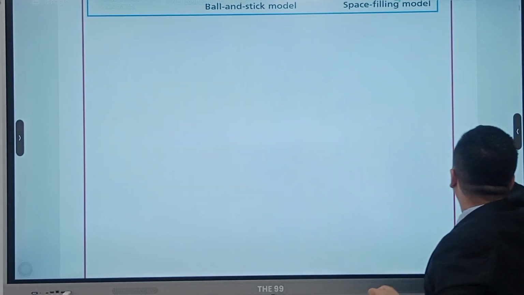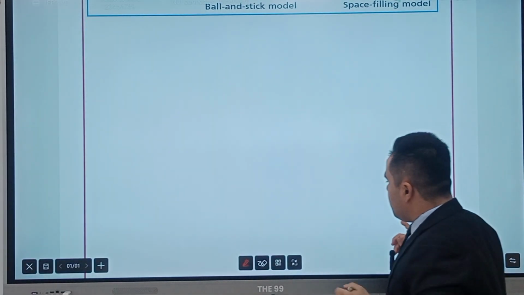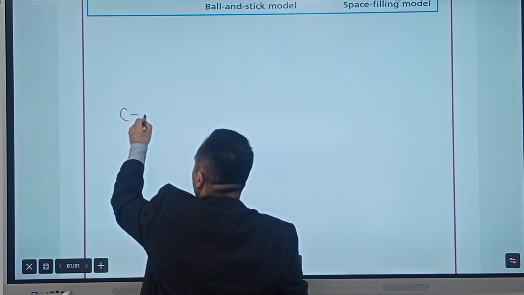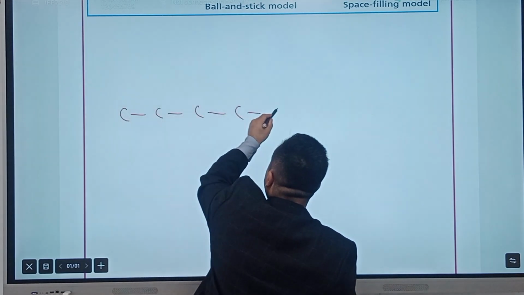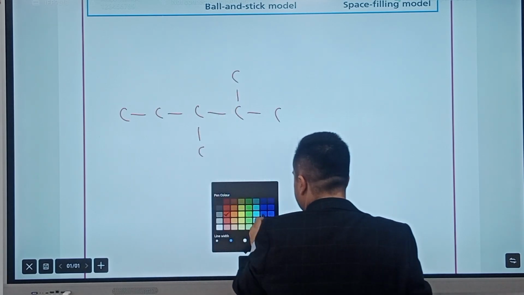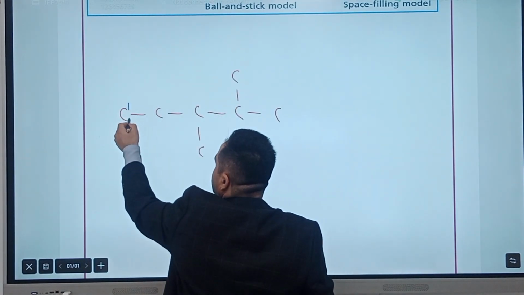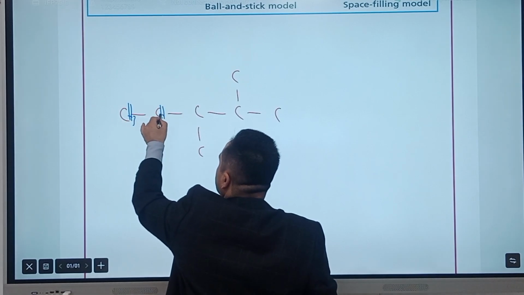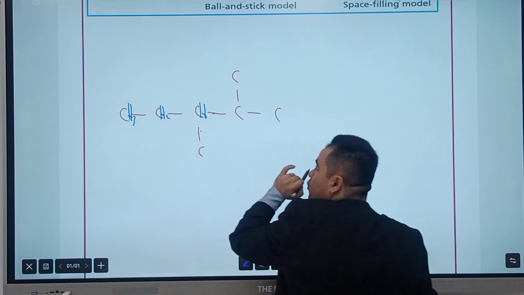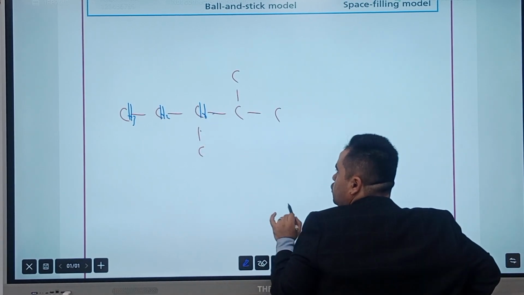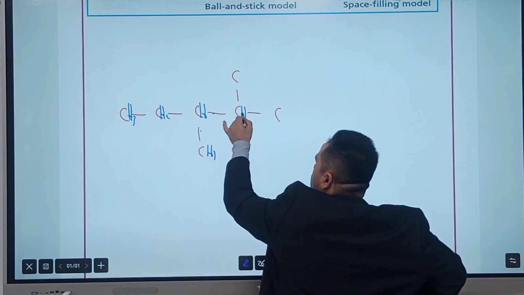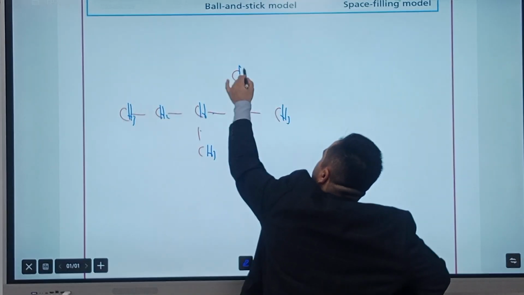Let me draw some structural formulas, for more practice in writing the condensed form. Let us take another structural formula and condense it. Here the endings should be 3, 2, 1. Why? Because with 1, 2, 3 bonds to carbon, the hydrogen distribution should be 1. Here there should be 3, and then 1, and then 3, and then 3.